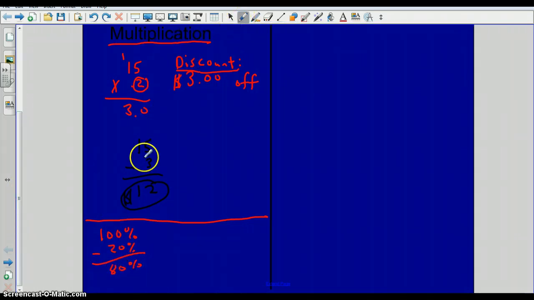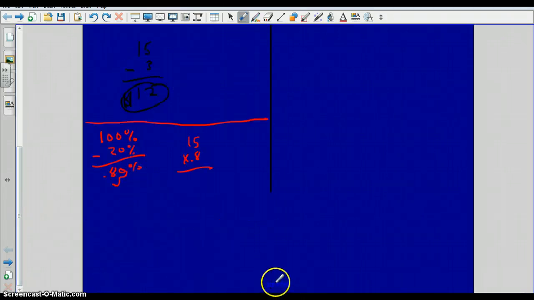So what I would do if I were doing this problem is I would take my decimal, make that a decimal, 0.8, and just do 15 times 8/10. And watch what happens. 5 times 8 is 40. 8 plus 4 makes 12. I bring my decimal over 1.